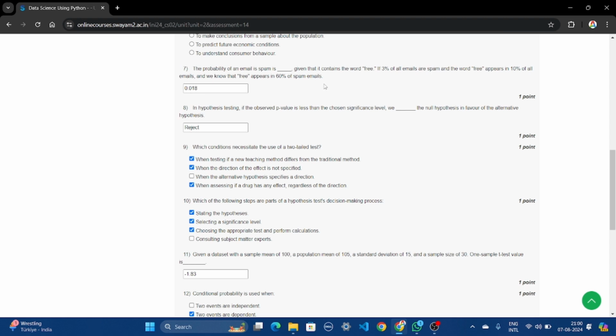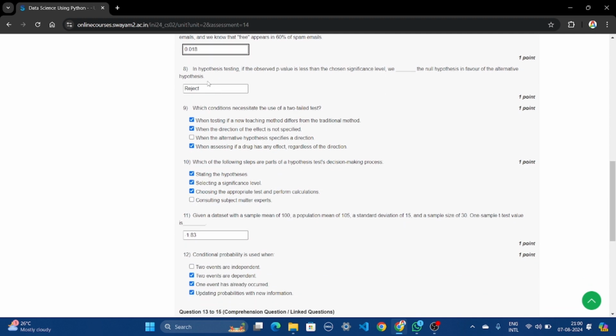Here the formula is probability of spam mails where the mail contains free into probability of spam mails divided by probability of mails which contains the word free. So I already calculated it and I got the value 0.018. So it is the correct option. We have to type it manually.